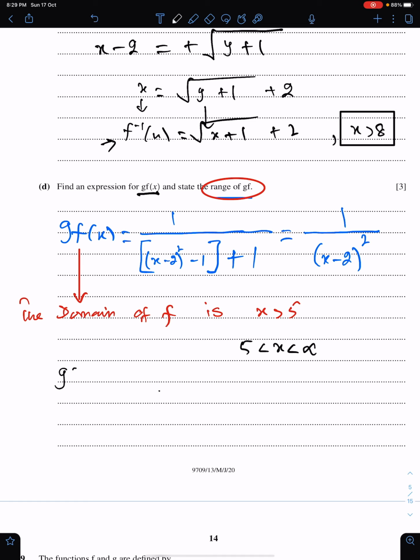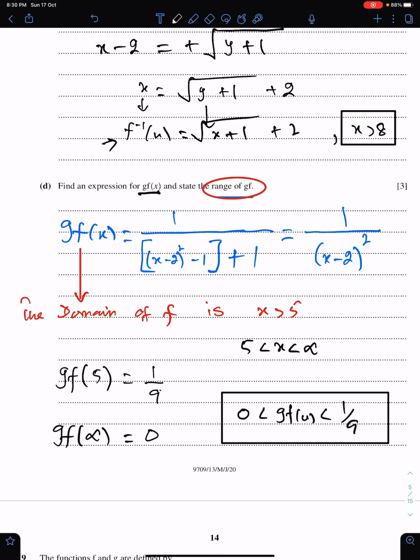So when we substitute 5 here, then we will get 1 upon 9. 5 minus 2 is 3, 3 square is 9. And when we substitute infinity into this equation, then we will get 0, because constant upon infinity is 0. Therefore the range of gf is 0 to 1 upon 9. So whenever you need the range of a composite function like gf, then always use the domain of f.